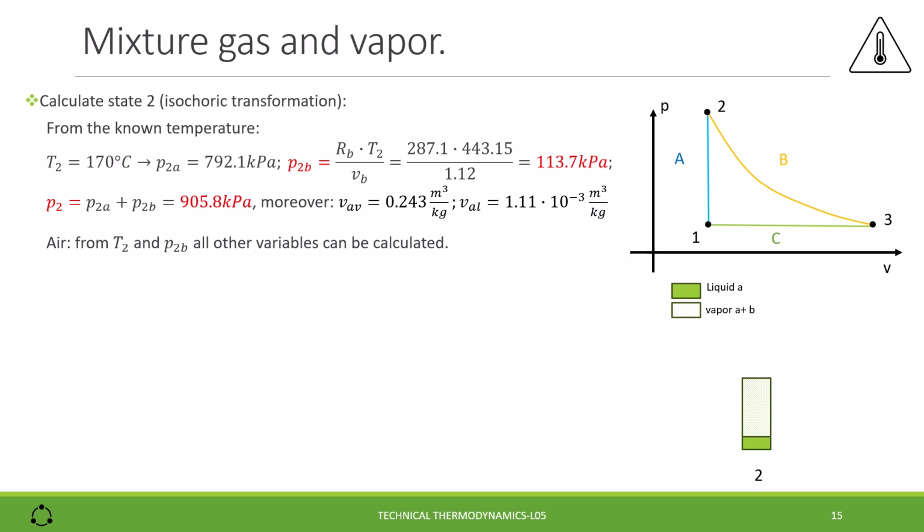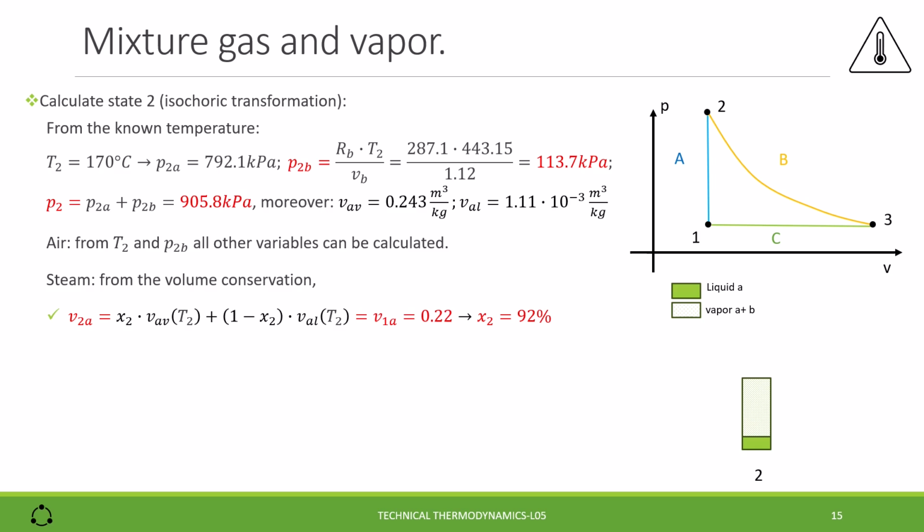For air, from the temperature T2 and the pressure P2B, all other variables can be calculated. From the volume conservation, we know that V2A is equal to V1A, which has been calculated already, 0.22, and since we know all the other parameters, we can calculate the steam quality X2.